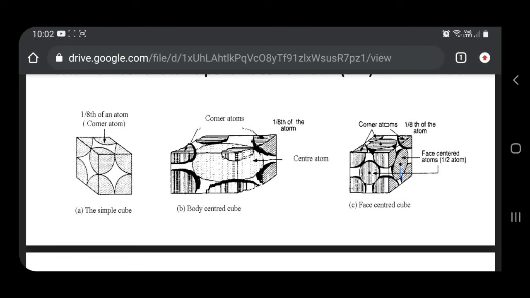Divide by 2, because only half the atom is contributed to this particular unit cell at every face. So 6 divided by 2 is 3 facial atoms, and each corner again contributes 1/8 of an atom, with 8 corners. So 1 by 8 into 8 is 1. So 3 plus 1, totally 4 lattice points per unit cell. That is the case of FCC.